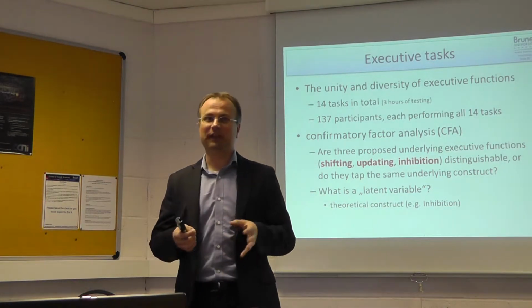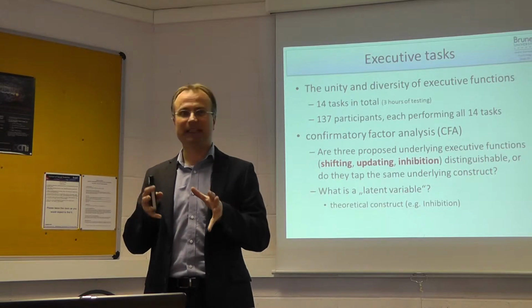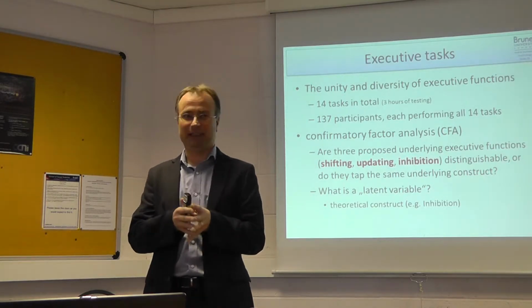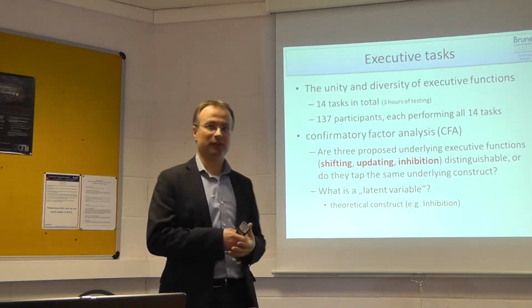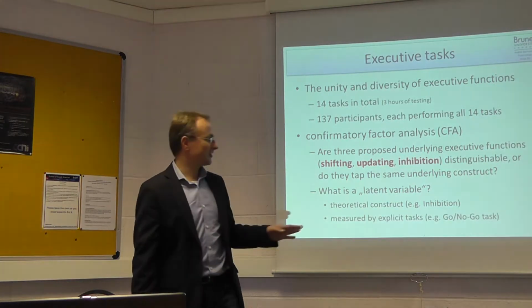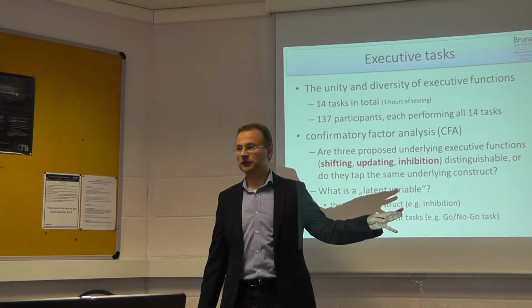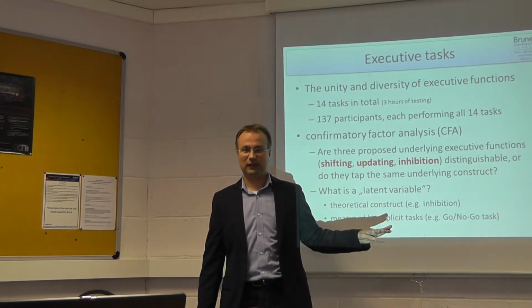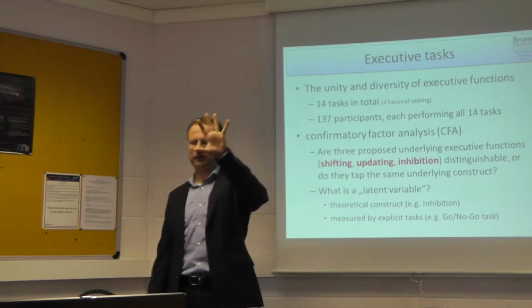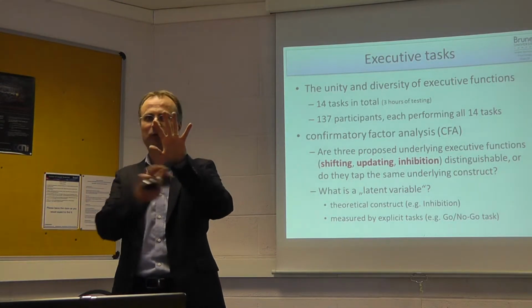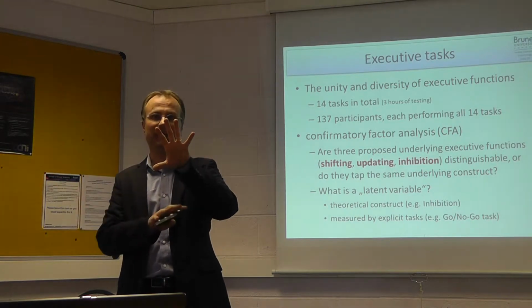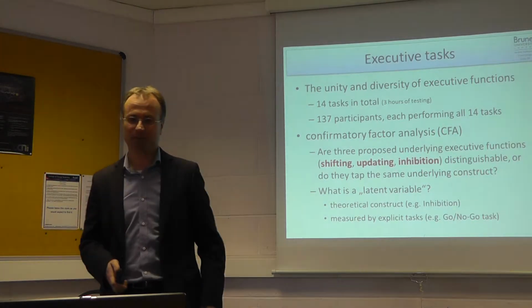It's a theory that there is something like a mental process such as inhibition. When we want to see whether there is really such a thing, we need some explicit task, like the go-no-go task, which measures that. So we have an idea of a theory, in this example a latent variable, and then we ask: how can we measure that? By which means?